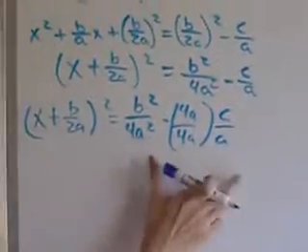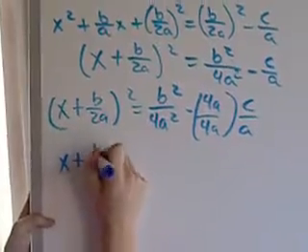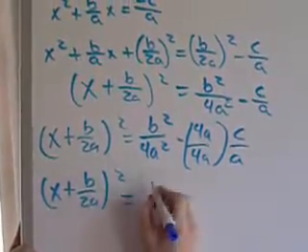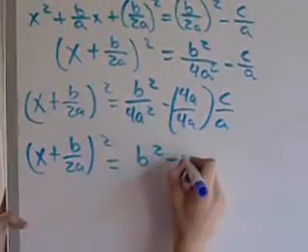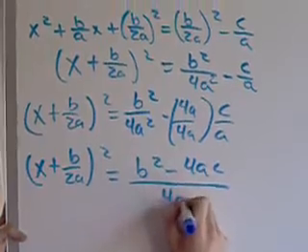So now we have a common denominator, and we can just do the subtraction as we normally would. So that is b squared minus 4a times c divided by 4a squared.